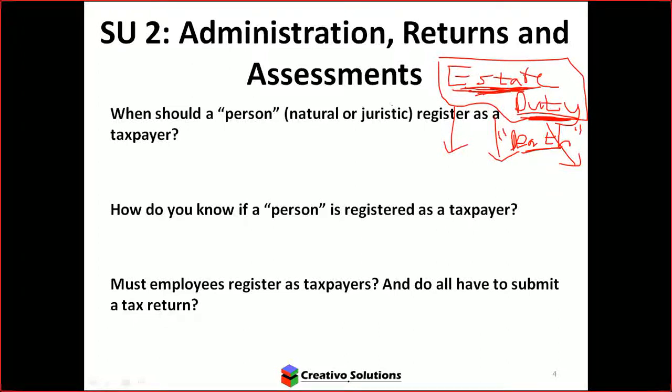As the saying goes, there's always something certain in life: human beings die at some point, and taxes. Everyone has to pay their fair share of taxes. So how do you know if a person is registered? Well, they should have a tax number. Very good.